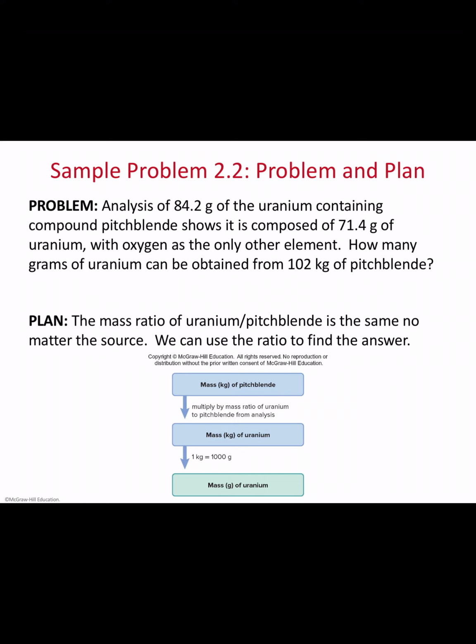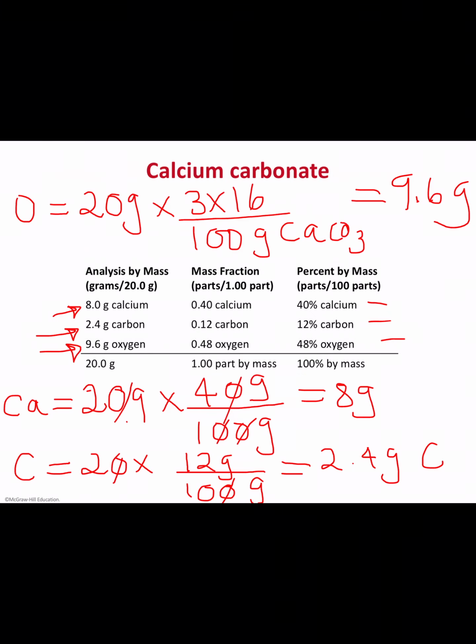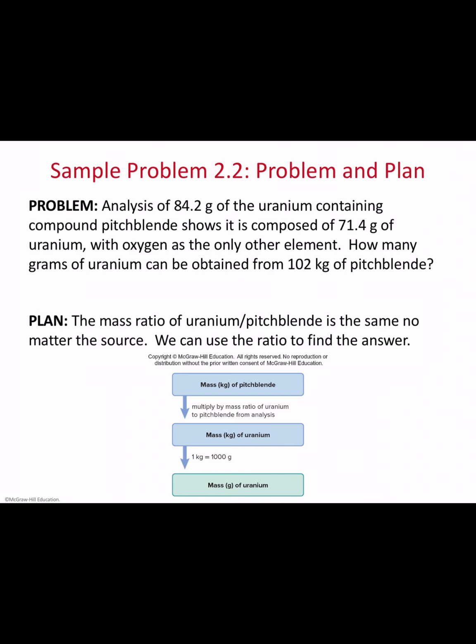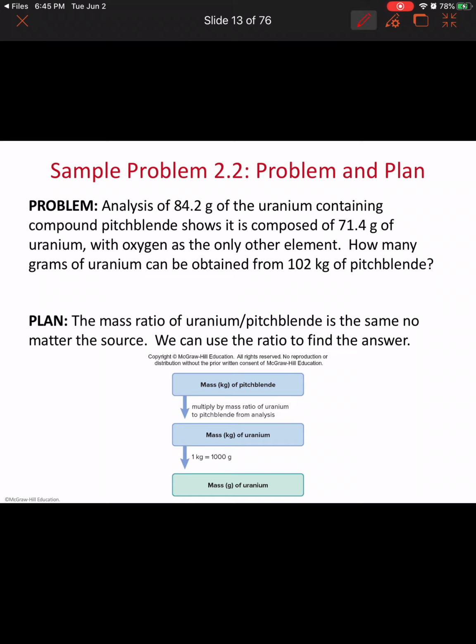Now we can use the same ratio, or the concept, that we were working on in this problem here. So here we have, if you take 84.2 grams of uranium containing compound, 71.4 gram of uranium are there. Right?